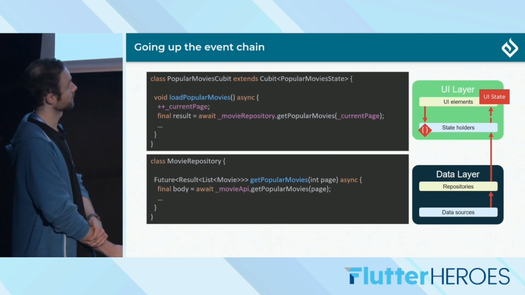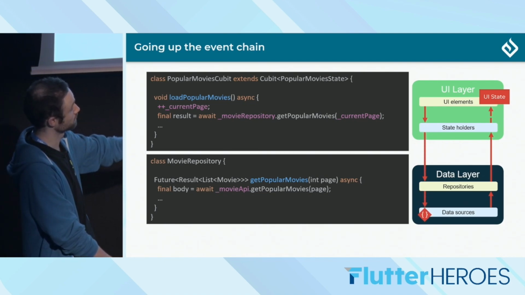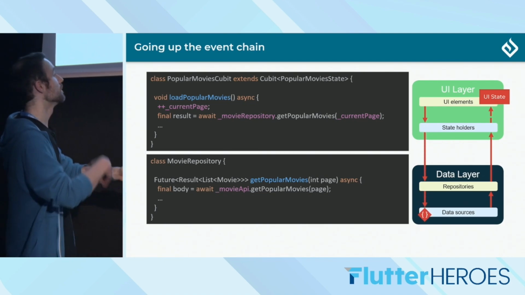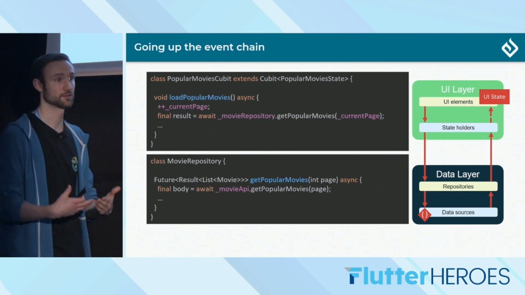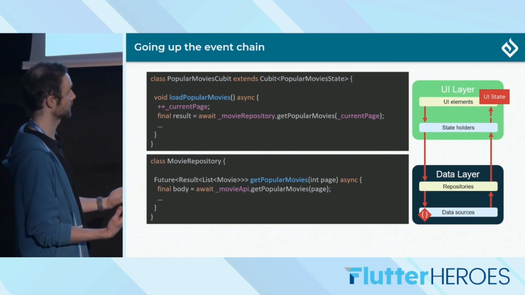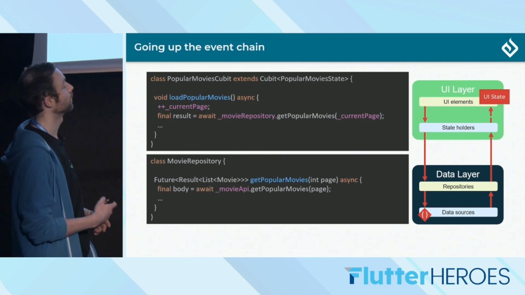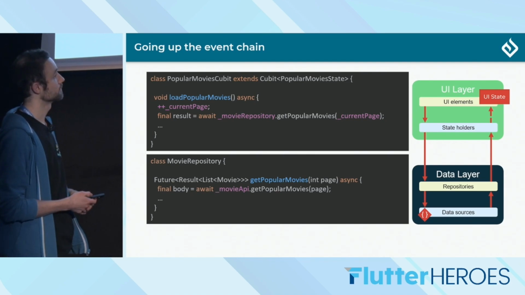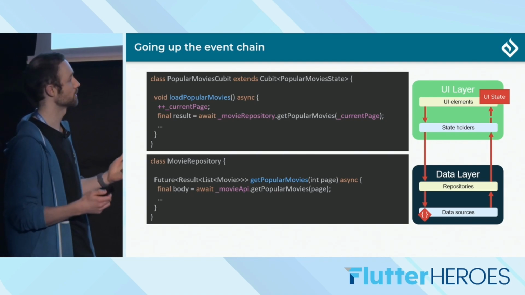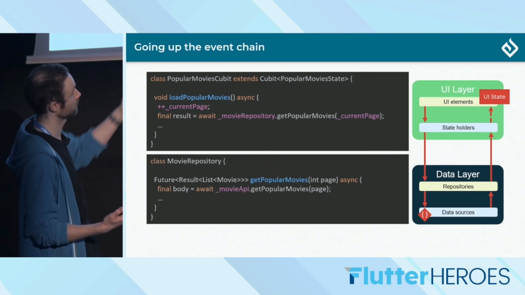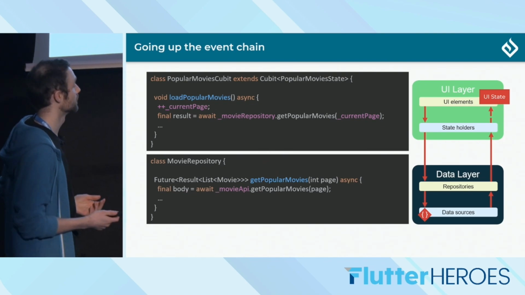If we look on the right again, we can see we are passing this event pretty much down to the data source. The data source will manage how to get these new movie list elements, and then it will pass them again to the UI all the way back. And as you may have seen, this is pretty much now our circle on how data and events are flowing.